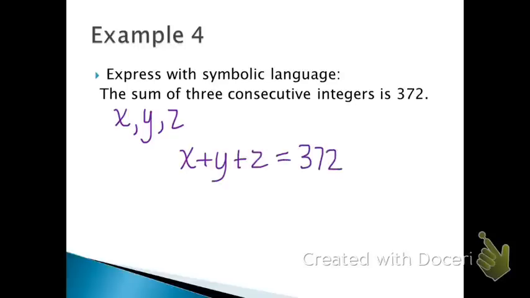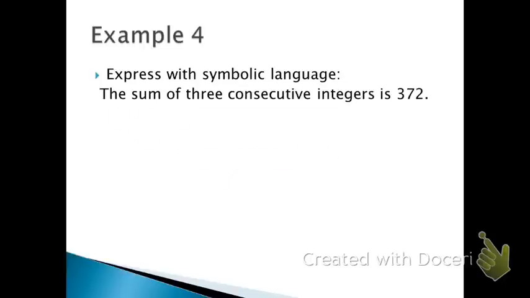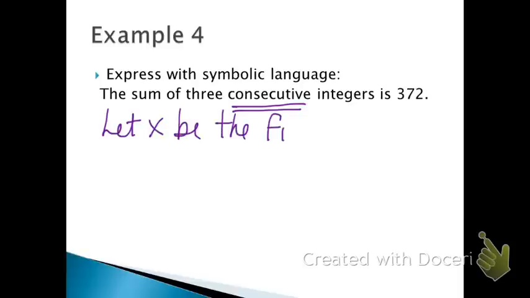We could do that, but that doesn't really use the information that they're consecutive integers. The x, y, and z could be any number. So let's use all the information we have to write a better equation, one with more information in it. So when I do this, I'm going to let x be the first integer in the sequence.